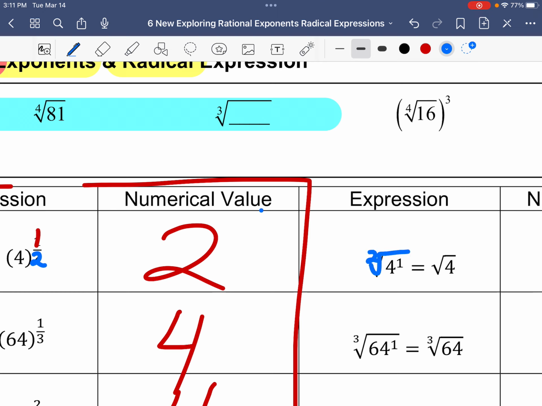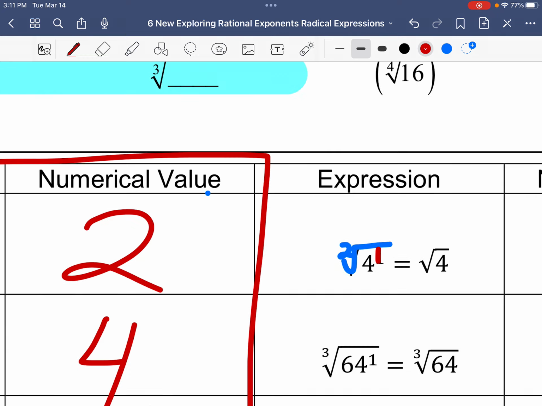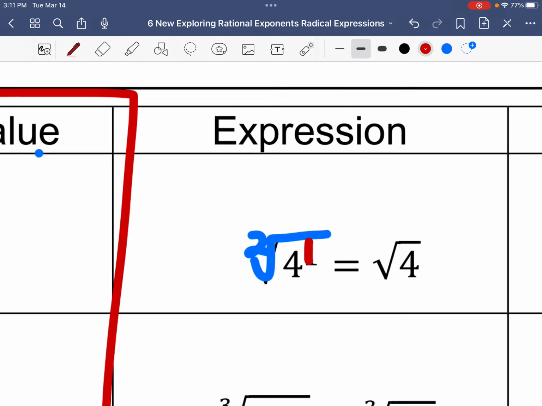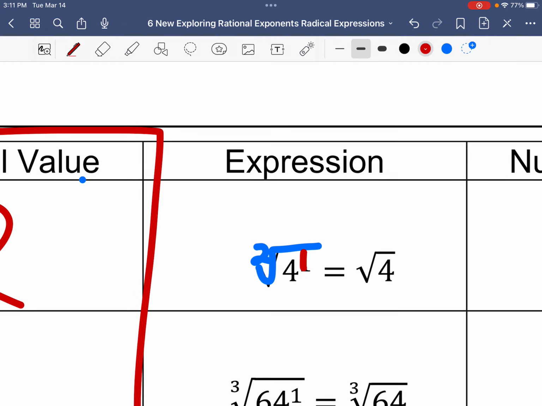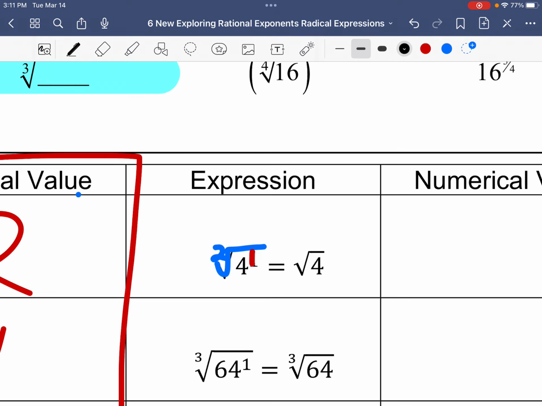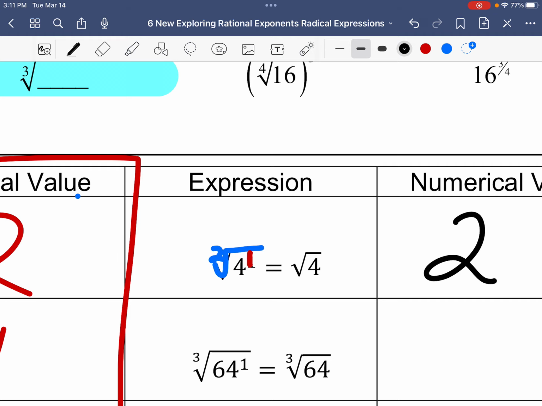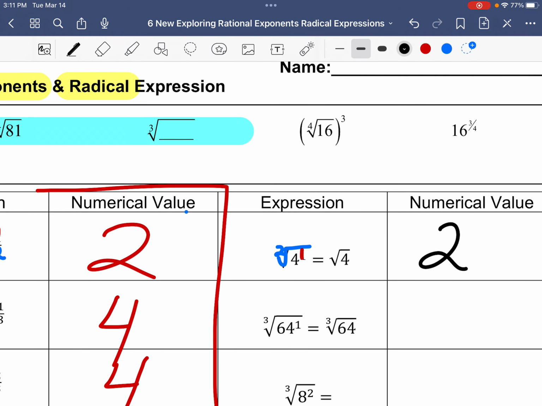We call that a square root. And the numerator ends up to be the power. Looks like what I really have here is the square root of 4. Well, yeah, the square root of 4, that's equal to 2. It's the same answer. That's because it's the same problem.